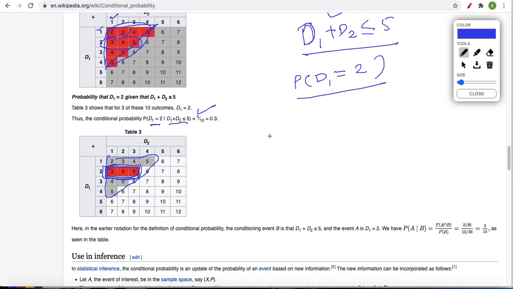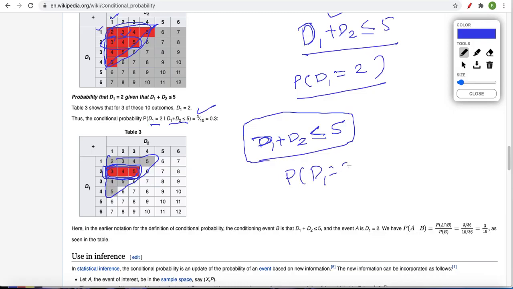What was this example? D1 plus D2 less than or equal to 5 is already given to us. With this given condition, what is the probability that D1 is equal to 2?